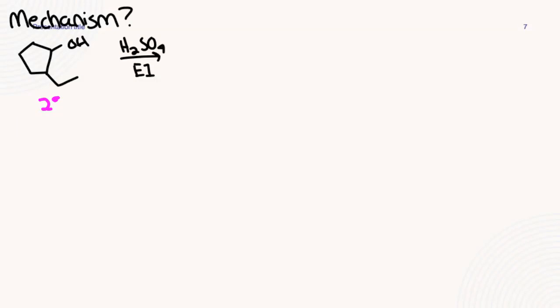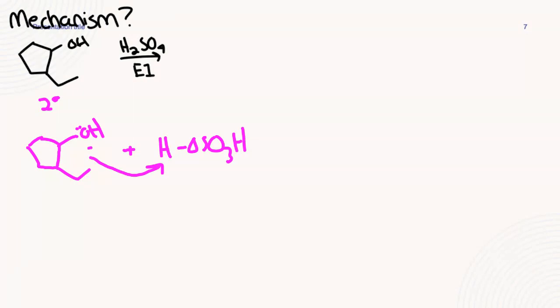So, first step is to protonate the OH group because I want it to come off, and that is not a good leaving group, so I have to make it a good leaving group. Which I'm going to do from sulfuric acid. The lone pair of electrons from oxygen takes the hydrogen, which will break that bond.